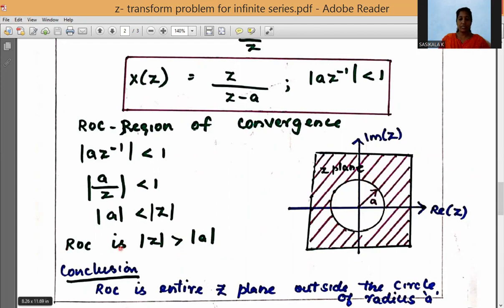So ROC is mod z greater than a, meaning that my ROC, the region of convergence, is the entire z plane which is outside the circle of radius a. So this is the conclusion: ROC is the entire z plane outside the circle of radius mod a.